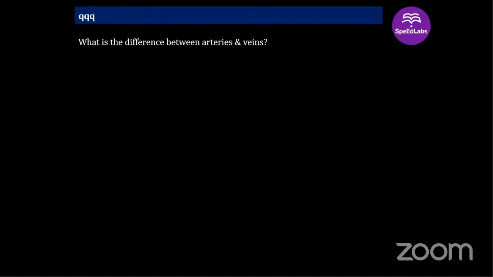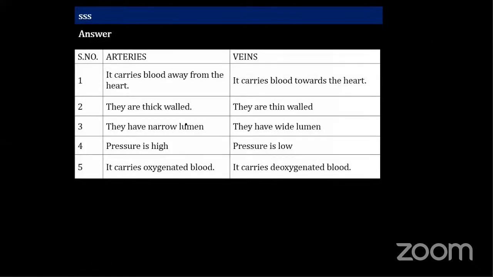Arteries carry the blood away from the heart, and the veins carry the blood towards the heart. This is also a very important point of difference. Arteries are thick-walled. Veins are thin-walled. Arteries have a narrow lumen. Veins have a wide lumen.